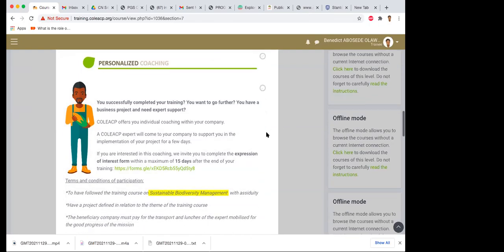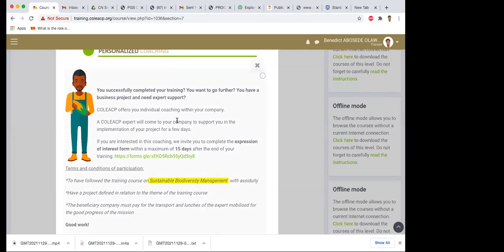Also, another piece of information is that having completed this training, COLEACP is requesting that if your company or your organization is interested in further coaching on sustainable biodiversity management, you express interest in further training within a maximum of 15 days after the end of this training.